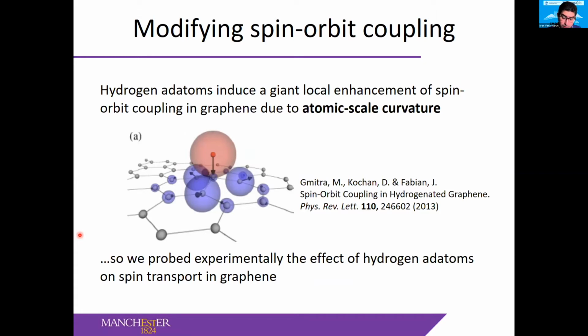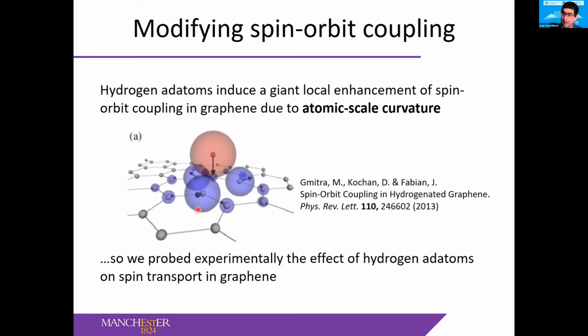In particular, one of the groups working on that is the group of Jaroslav Fabian in Regensburg, where they came out with very good, realistic numbers for the spin-orbit coupling associated with what experimentally would be realized by adding hydrogen atoms on the graphene lattice. You could see that the curvature would indeed induce spin-orbit coupling on an atomic scale, on the order of a couple of atoms around the defect.